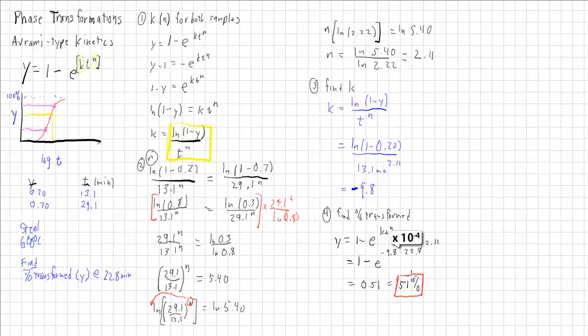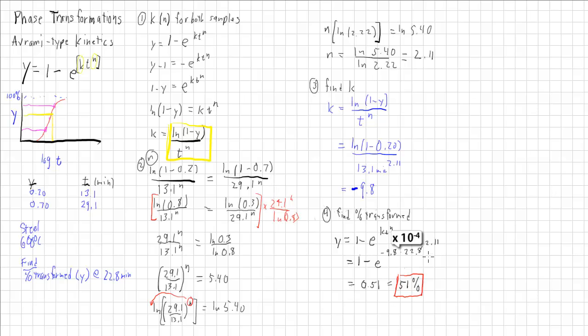In summary, this problem shows how we can use a fairly simple formula to characterize and predict when a certain percentage of a material has transformed from one phase to another.